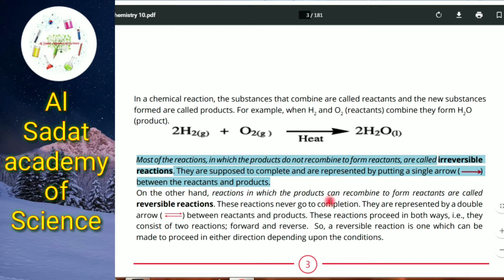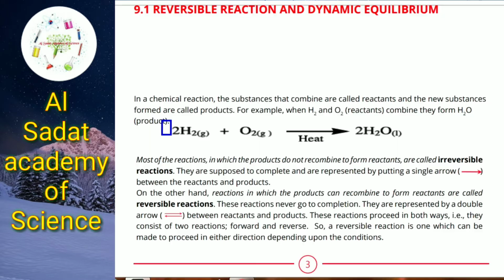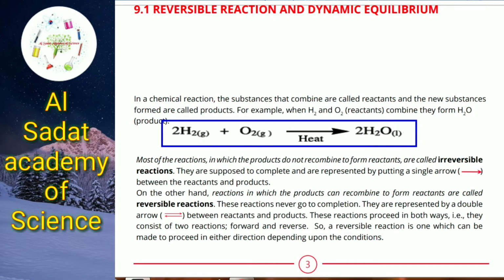This is an example of an irreversible reaction, a reaction which cannot proceed in the reverse direction, only in the forward direction: 2H2 plus O2 goes to form 2H2O.